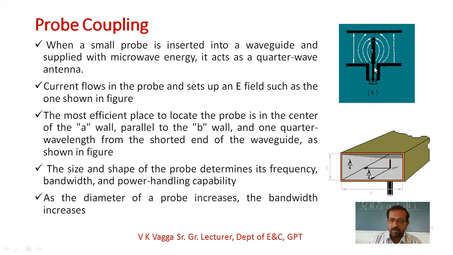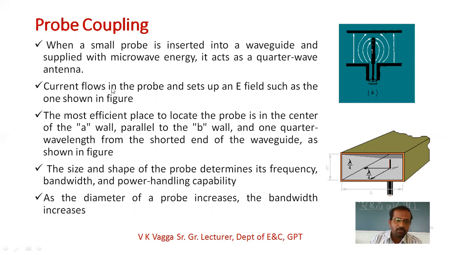If you take the length, it is exactly equal to 1/4, indicated as lambda by 4, which is 1/4 of the wavelength. If the quarter wave antenna has been inserted, all the signals get attracted to this antenna probe.